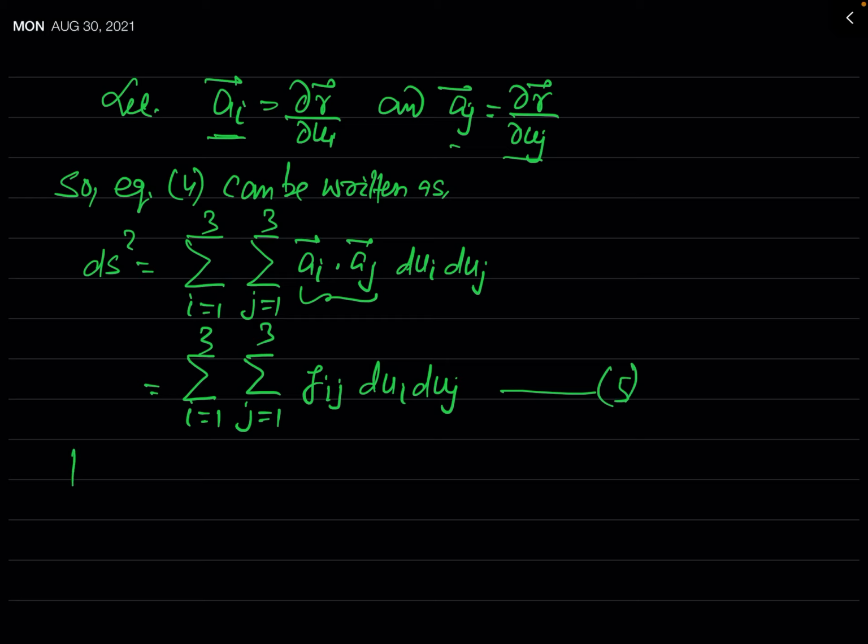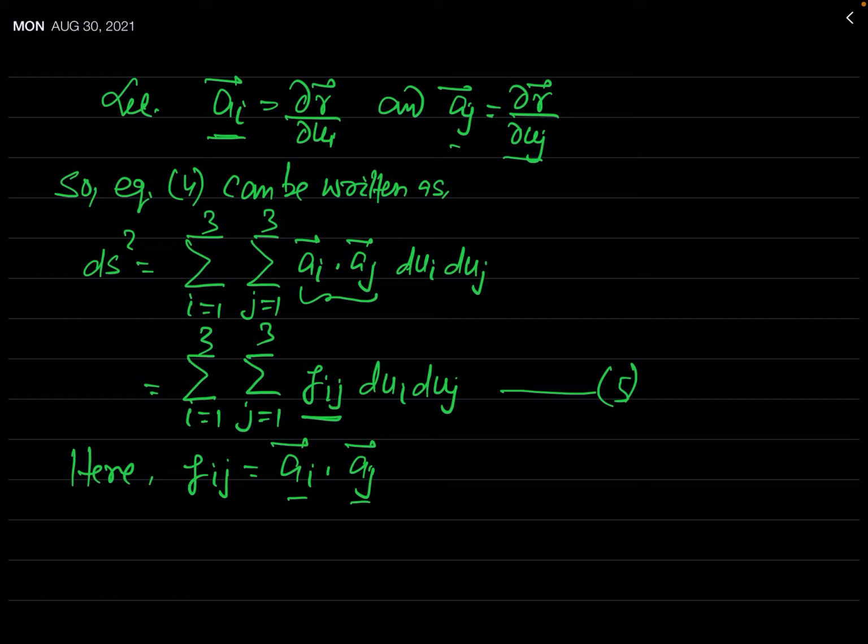Here we have used the symbol gij instead of ai dot aj, so gij is equal to ai dot aj, and ai and aj are the vectors along the tangents to the different u curves.